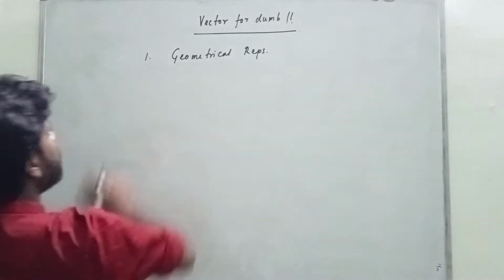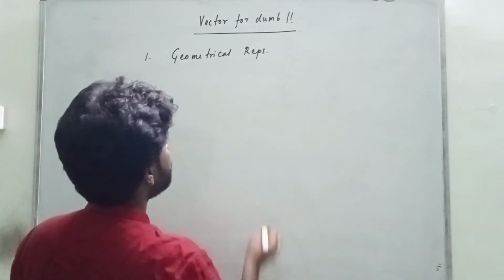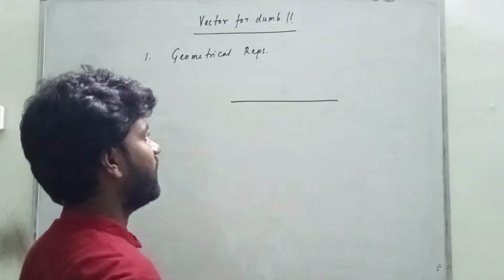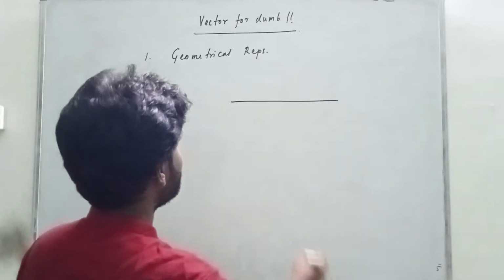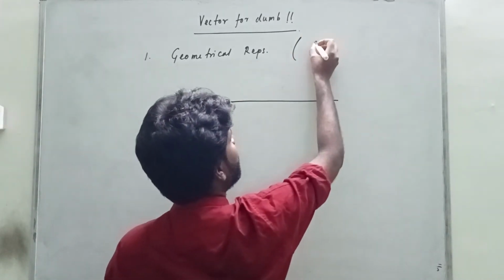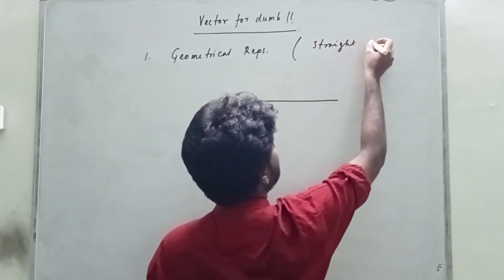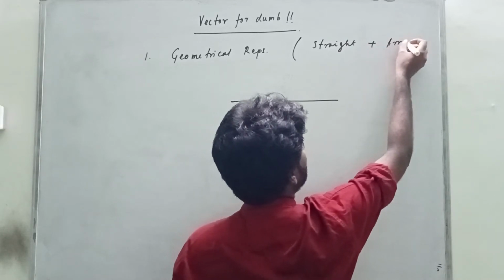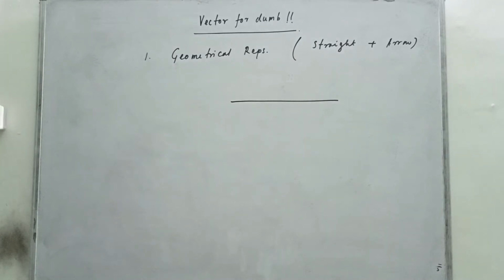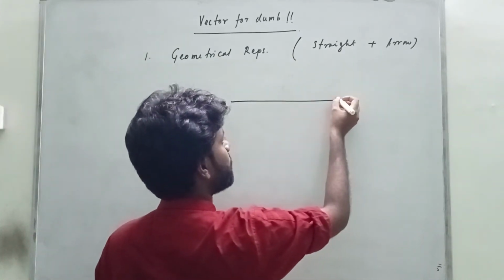In the geometrical representation, I will just draw a straight line here and an arrow, and nothing else, just a straight line and an arrow.